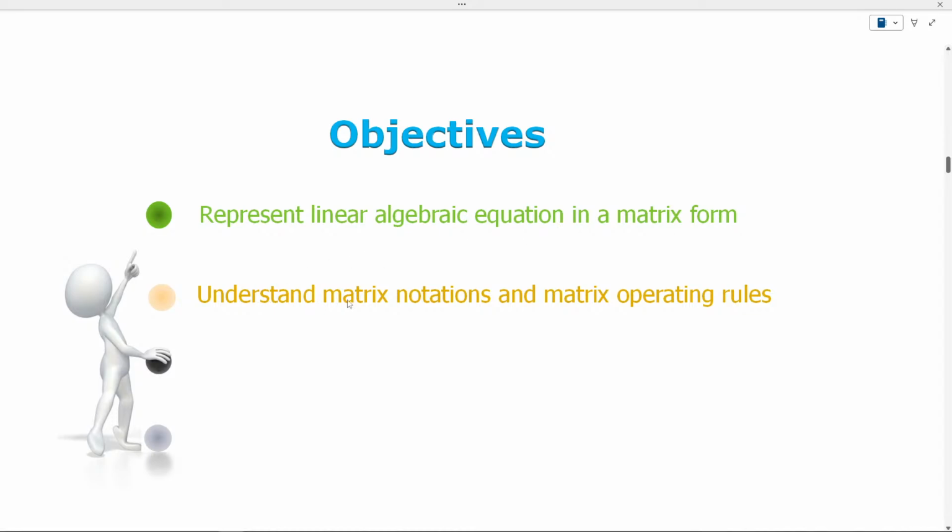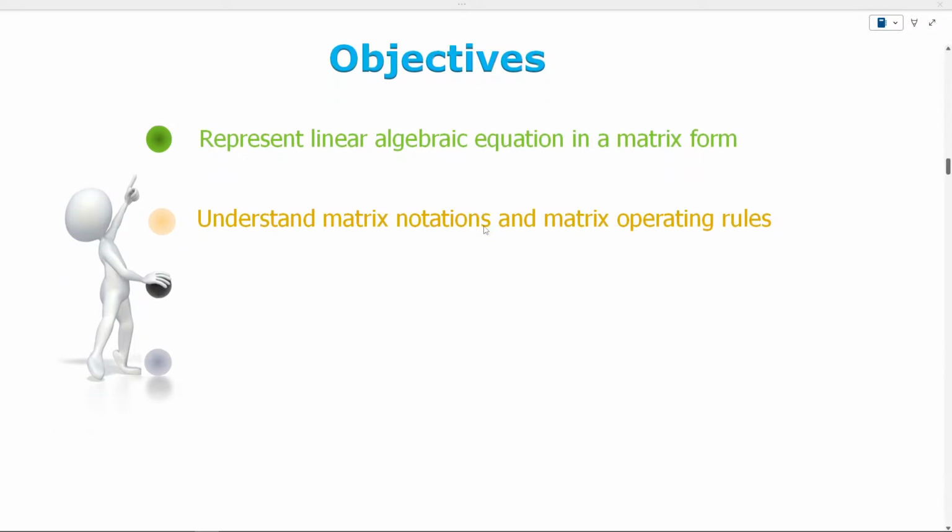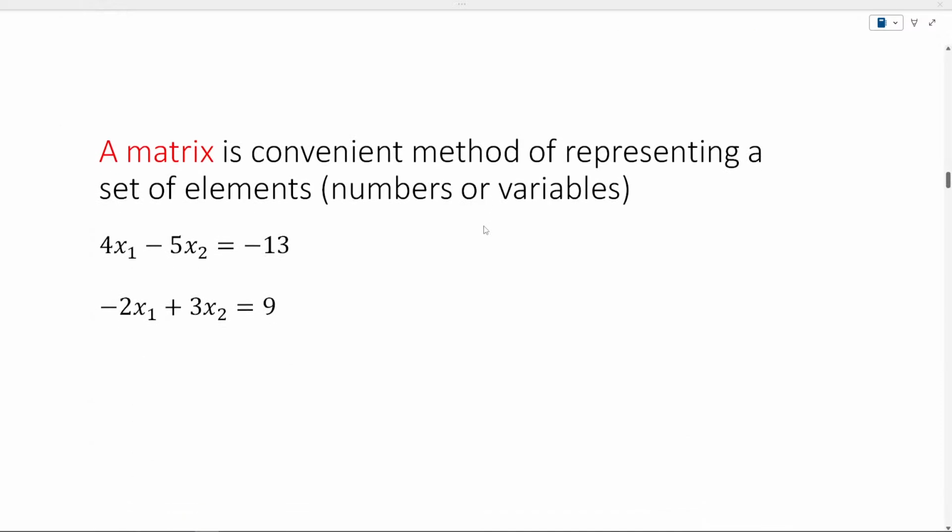Then we will understand matrix notation and matrix operating rules, because you don't represent your system of equations in matrix form just for the fun of it, but because you want to solve this system. And we will learn about the notation and rules for these matrix operations to solve our system.